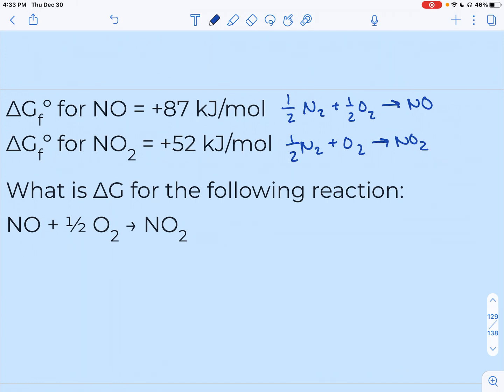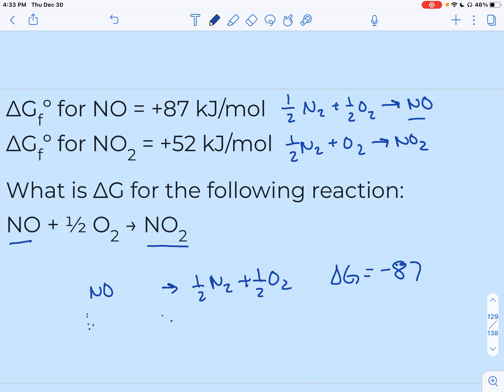So here I want to keep NO2, but I want to reverse NO. So if I reverse NO, and then also reverse that delta G, so now it's negative 87. You want to keep the NO2 one. So you'll keep that delta G the same.